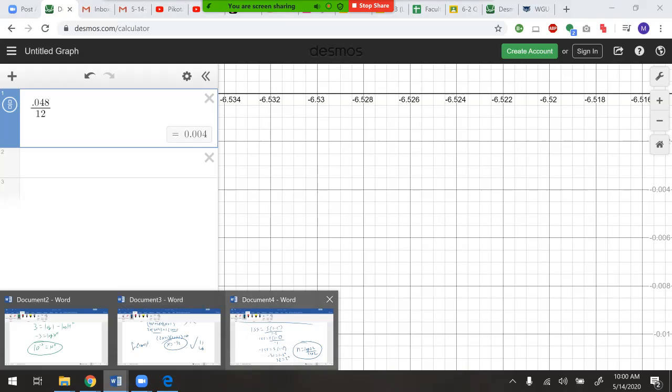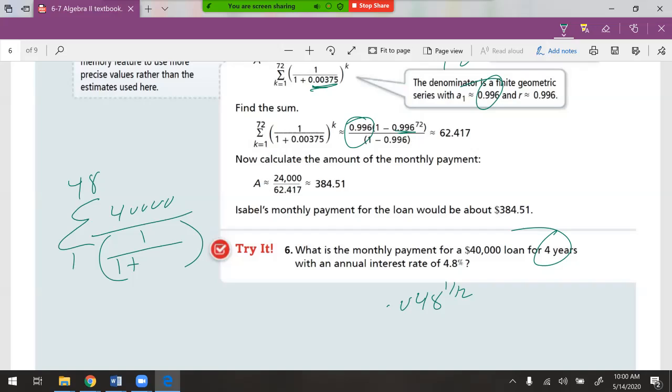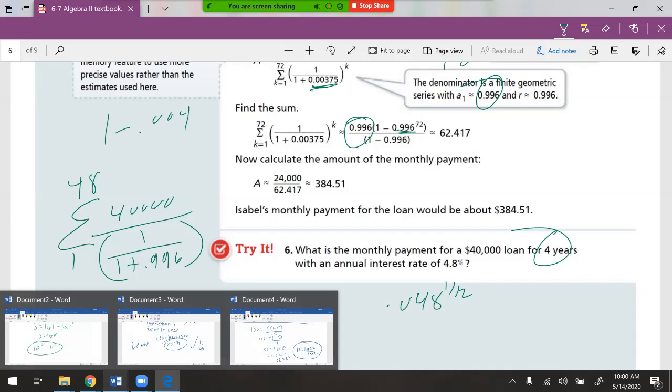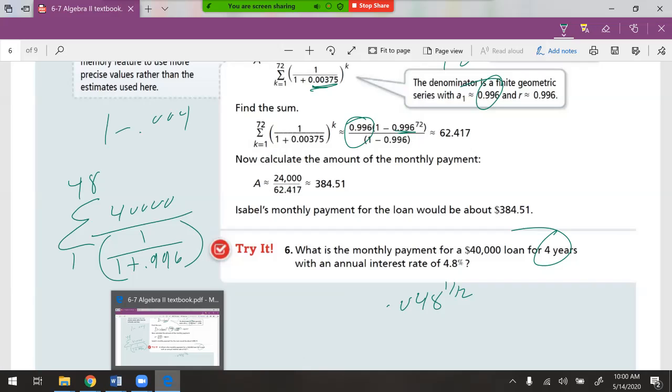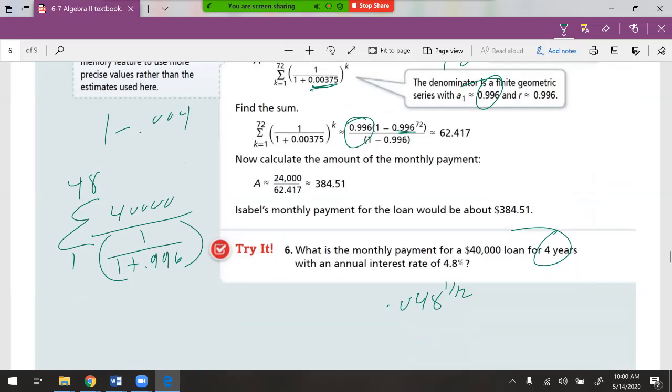So if we go back to this right here, 1 minus 0.004, that's going to be 0.996. In this case, this is the value of k right here.